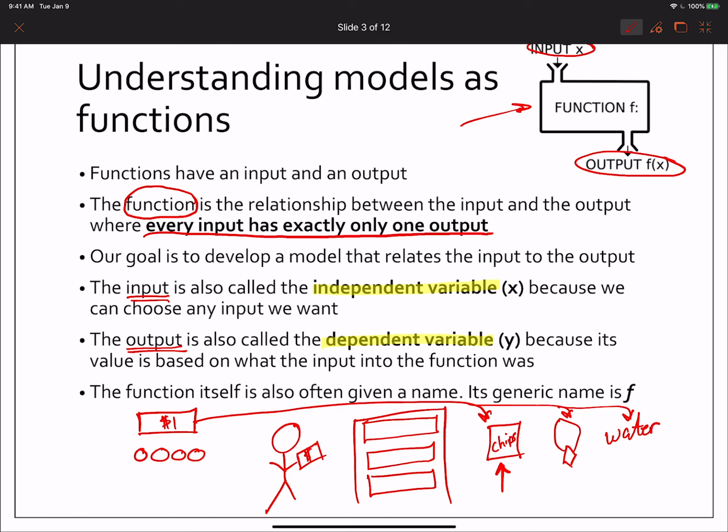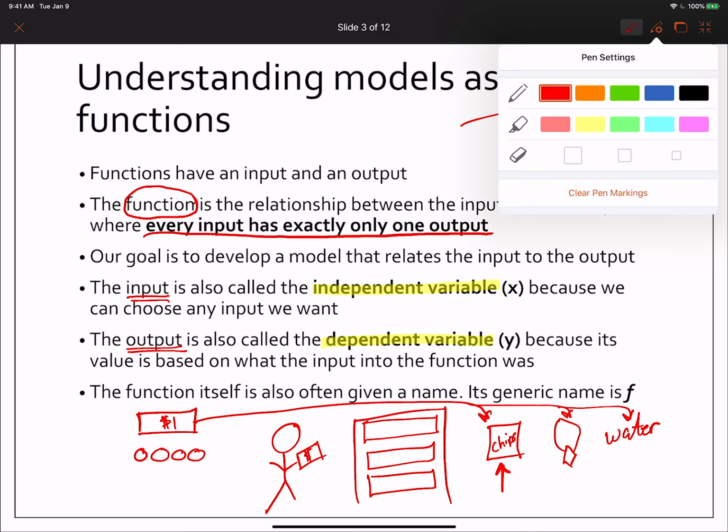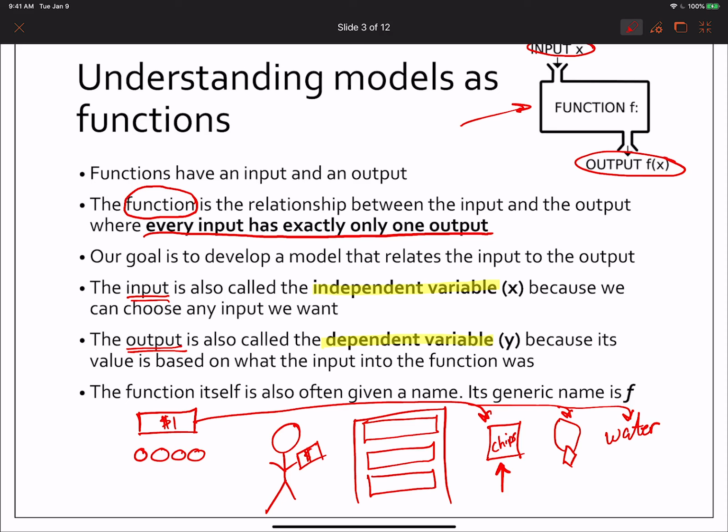Now, you'll notice here we have an X for our independent variable. Usually, when we're looking at functions, we will give a general name to our input, and we'll just generally call it X. That's the general name for our input.